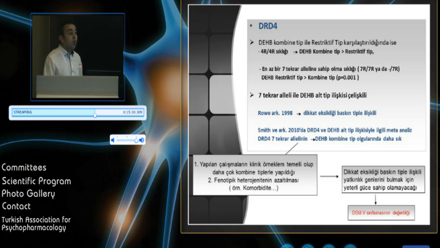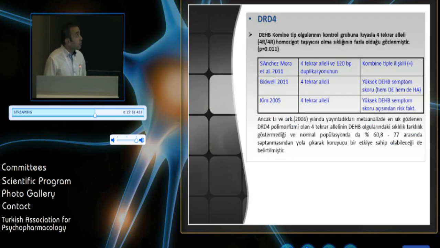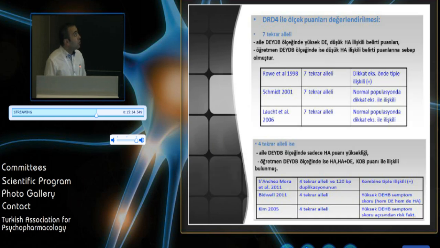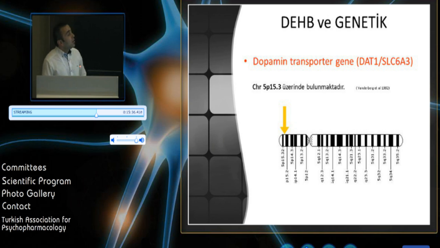So in order to find those predispositions, there will not be enough potential in that patient group. In terms of 4 repetitions, there are different results and outcomes.